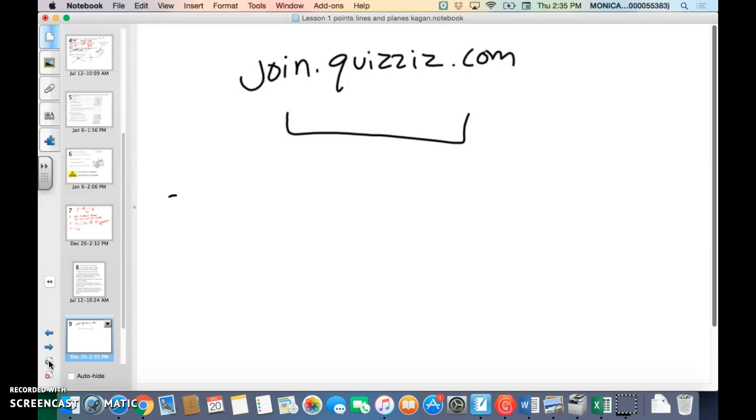And then second, you need to go to Khan Academy, and you're going to log into Khan Academy. Your login code depends on what block you are in, and it'll be in the system for you, and then I have assigned what activities you need to do.